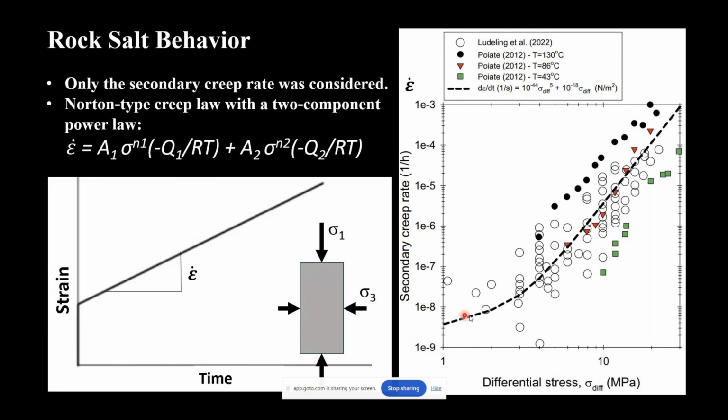And for small differential stresses, the response is governed by this term here, which is linear, right? It has a stress exponent of 1. So here it represents one creep mechanism, and here is another one. And this is very typical, right? For very small differential stresses, the stress exponent is typically 1, and for larger differential stresses, the stress exponent becomes much larger, and 5 is a quite common exponent we find.